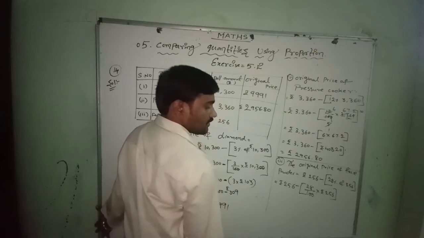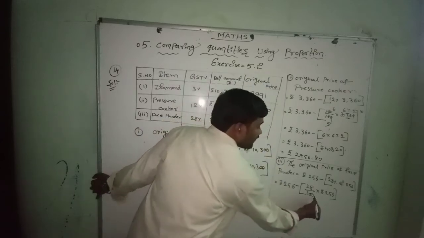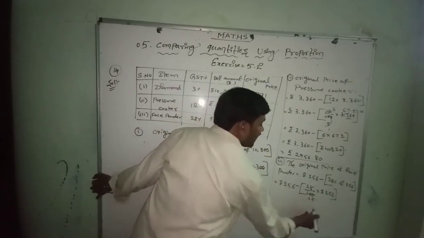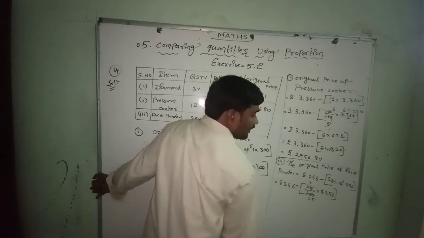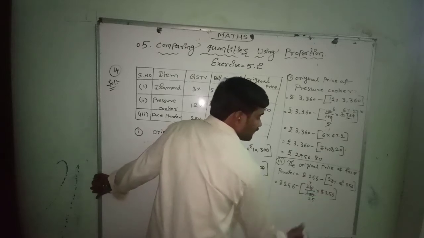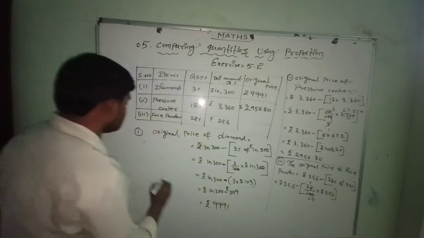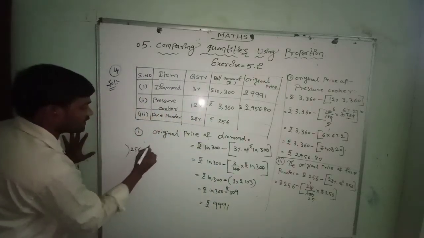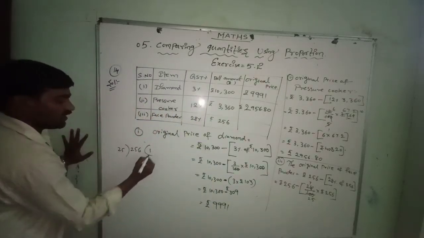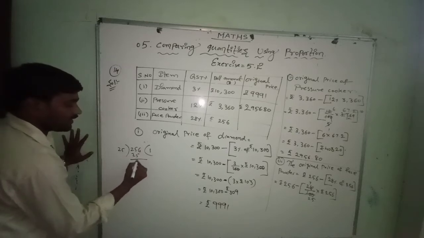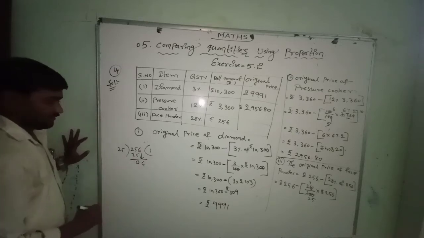Okay, let us cancel here in the 4 table. 4 25s are 100, 4 7s are 28. Now in the 25 table we will cancel this 256. 25 ones are 25, figure 0. Here there is a 6.